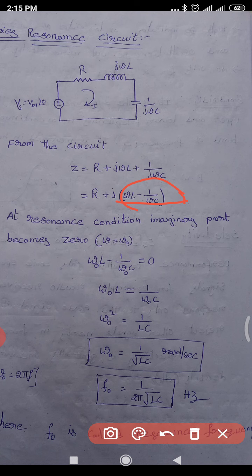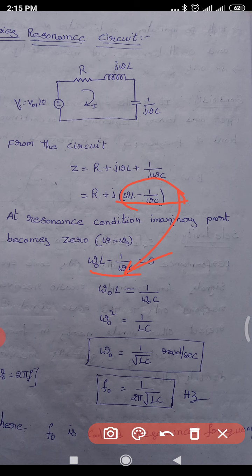So if a circuit is in resonance condition, the imaginary part of that circuit is equal to 0. So we consider omega L minus 1 by omega C is equal to 0.